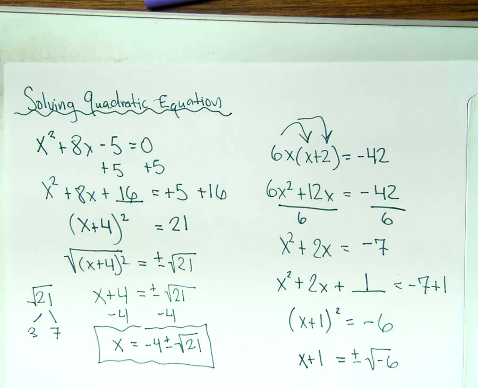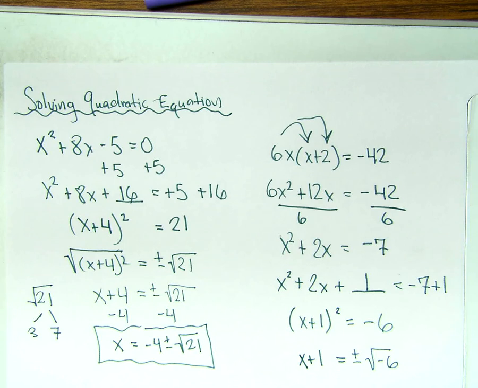Very good. So before we talked Friday, when we had a negative under the radical, we said no real solutions. Well, Friday we learned about the amazing imaginary numbers. So anytime we have that negative under the radical, what can we do? You can take the square root of negative 1.